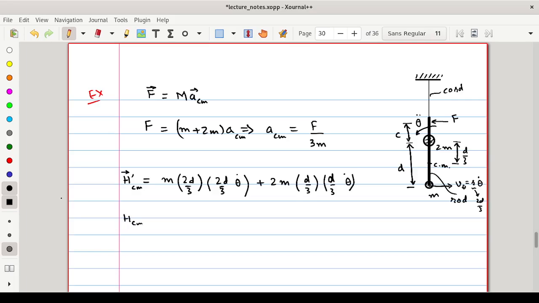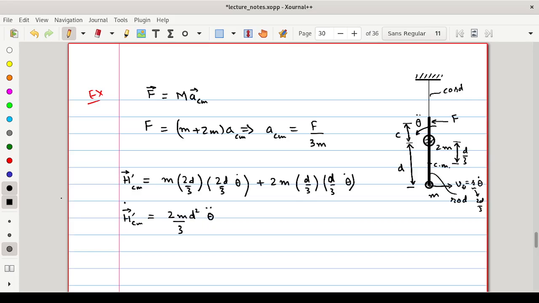Summing this up, 4 by 9 plus 6 by 9 gives basically twice m d square by 3, and since I am taking the time derivative, this will be theta double dot.